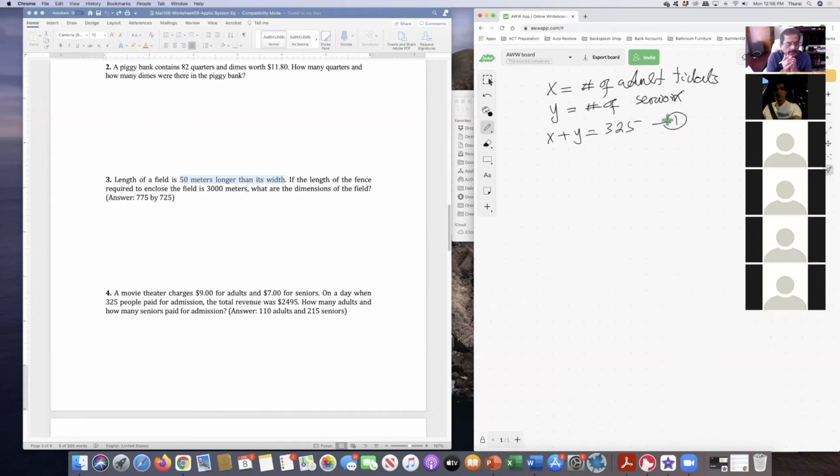The second piece of information given to us is the total revenue. Total money collected is $2,495. Can somebody translate that information? 9x plus 7y equals 2495.